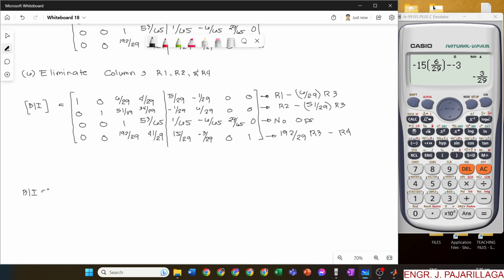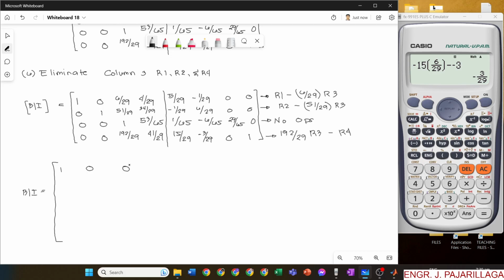V augment I. This will become, so for row 1, 1 minus 6 over 29 multiplied by 0 is 1. Right? For column 2, that is 0 minus 6 over 29 R3. Oh, R3 pala. So, sorry. Namamali ako ng tingin. Sa row 2 ako nakatingin. So, 0 minus 6 over 29 multiplied by 0 is 0. And then we have 6 over 29 minus 1 multiplied by 6 over 29.